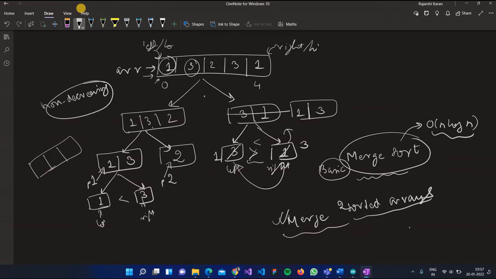Now suppose we have this temporary array over here for storing all these three values in sorted order. First of all, we check if array of p1 is greater than array of p2.